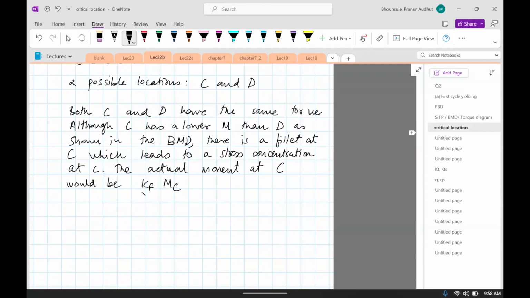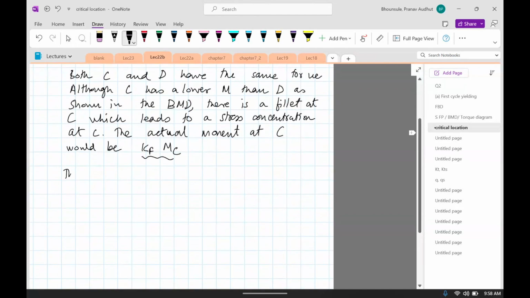Yeah, so this is the actual moment, but the stress at D should be proportional to the stress due to moment. So stress at D is M_D y divided by I, but we know I is pi d raised to 4 divided by 64, right?